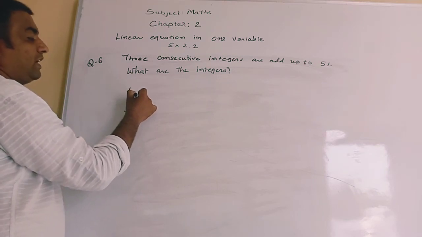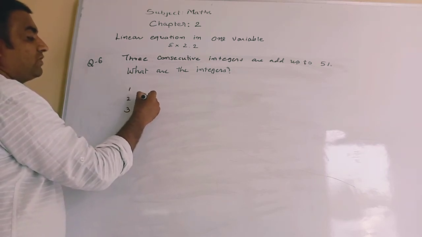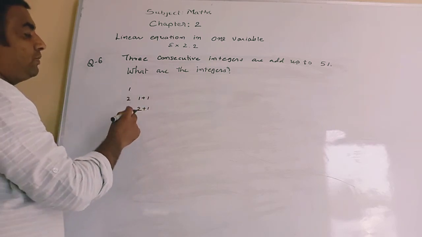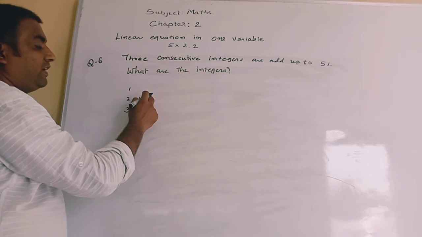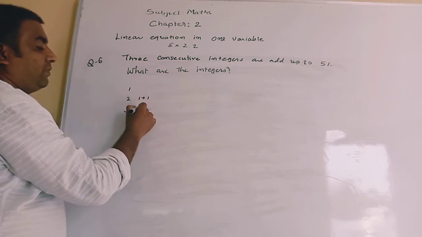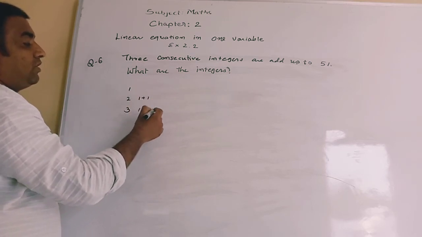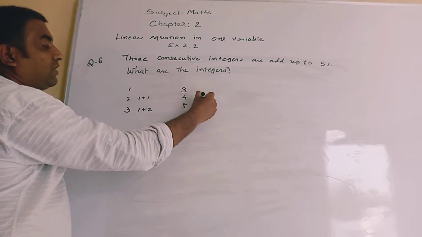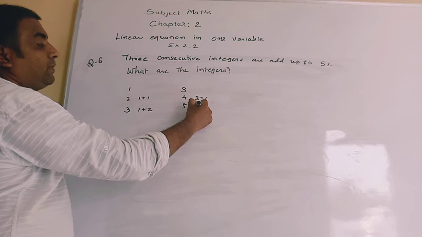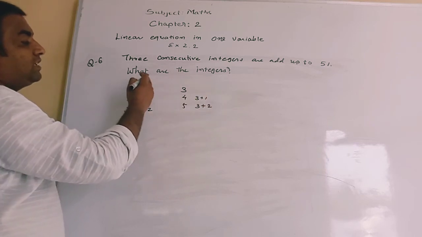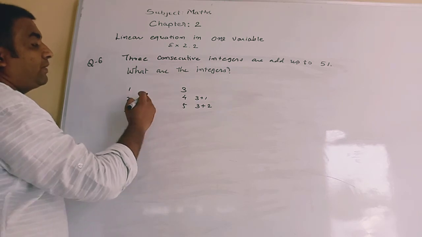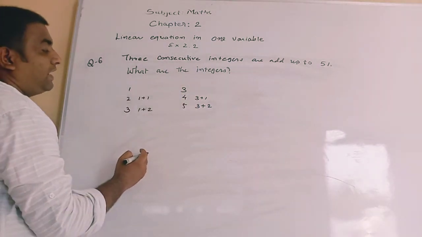So 2 we can write as 1 plus 1, 3 we can write as 1 plus 2. Or 3, 4, 5 is there: 3, then 3 plus 1, 4, then 3 plus 2, 5. So each consecutive integer will increase by 1 as it goes to the next number.